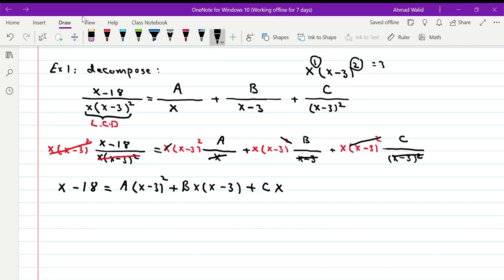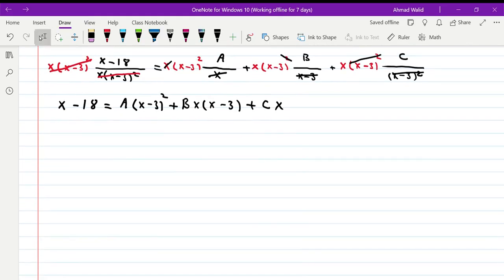Still, we have to simplify. But here you see you have a factor of square. You have to simplify that one. Then x minus 18 equals, I'll keep the a, and first I'll simplify x minus 3 square.